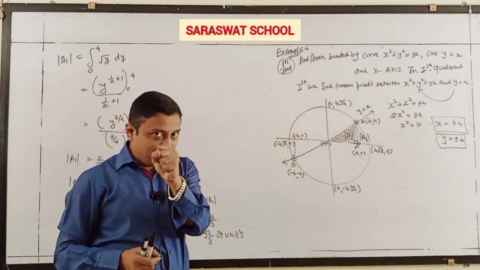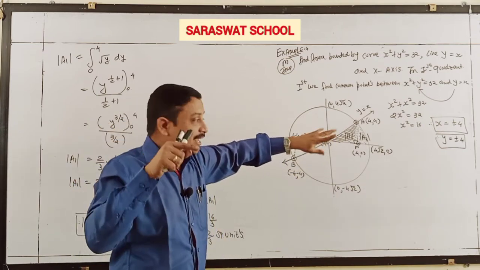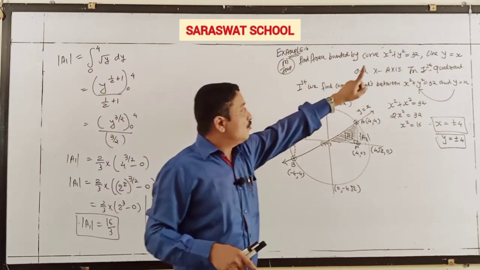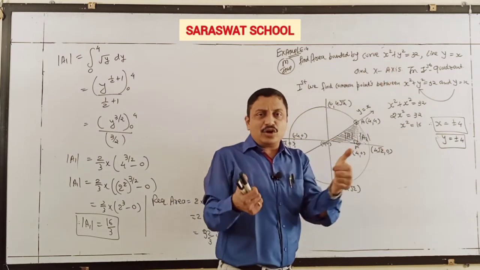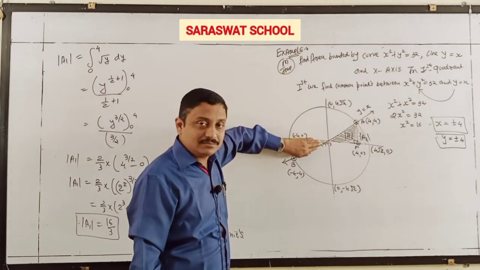First A1 is calculated, second A2 is calculated, and both are added, then I get the final area in the first quadrant. If the first quadrant is not given, then calculate this and now take double.